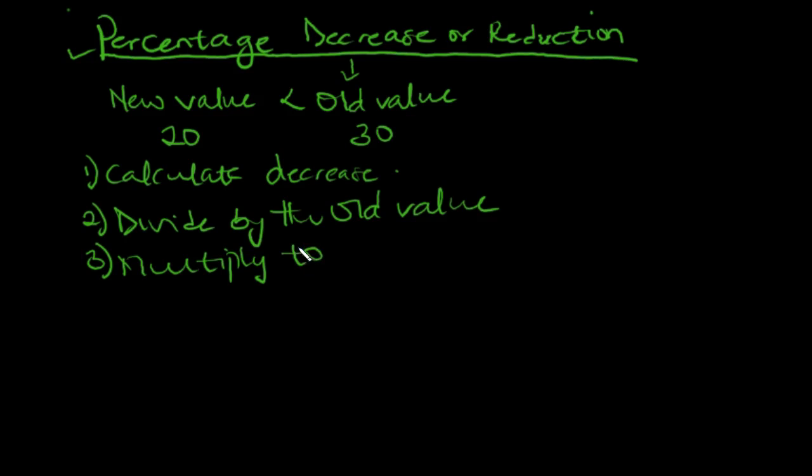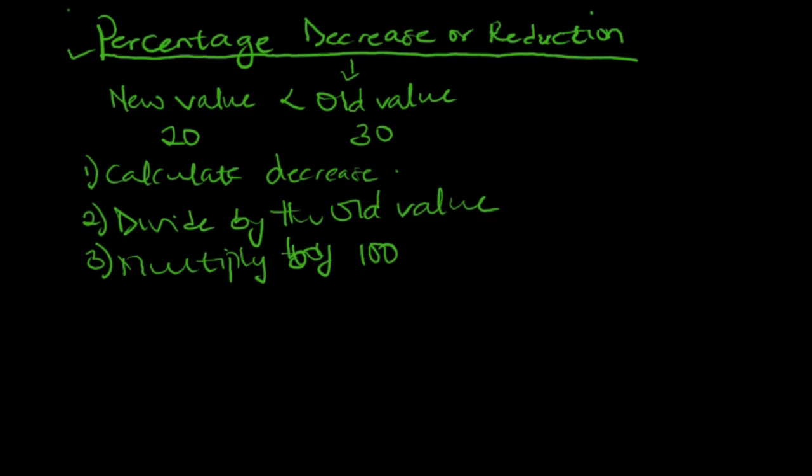What we are actually trying to do is compare the decrease to the old value. What percentage of the old value has decreased? That's what percentage decrease is trying to figure out.